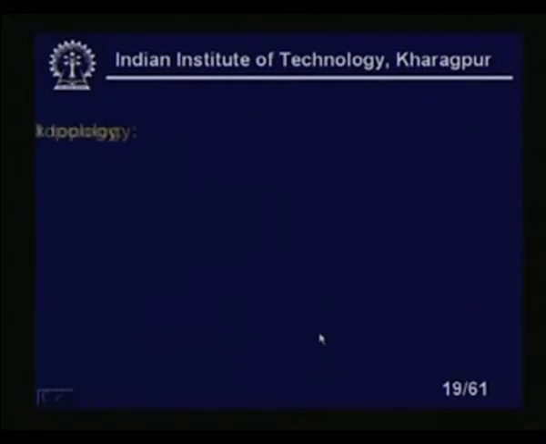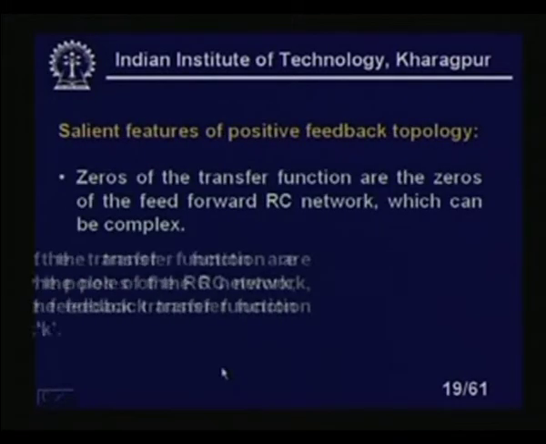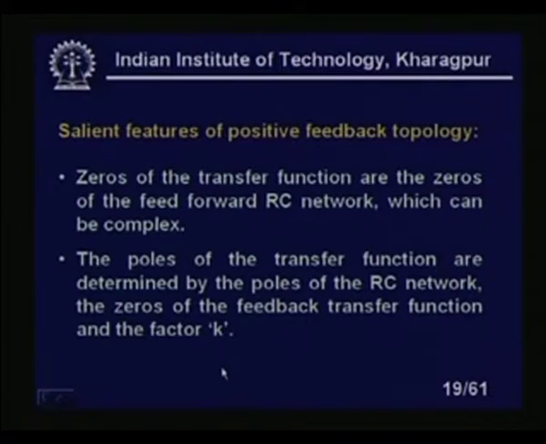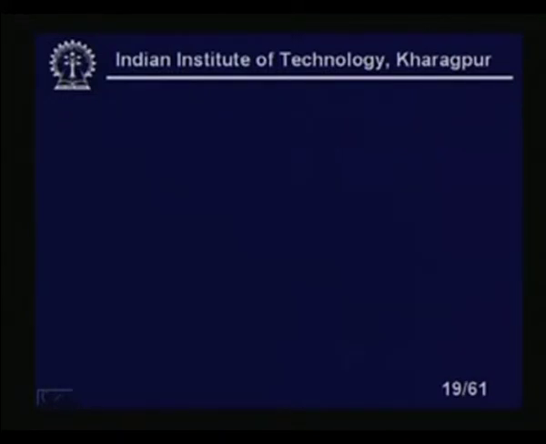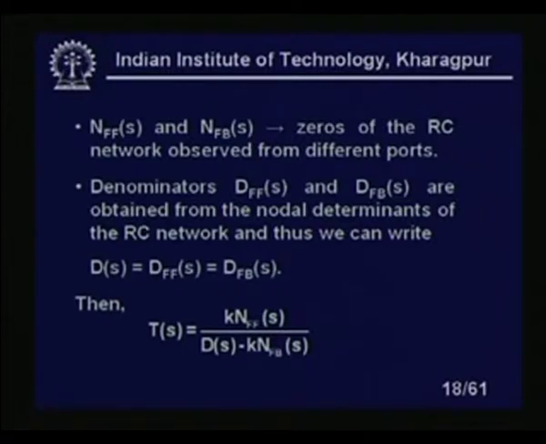Whereas the poles of the transfer function are determined by the poles of the RC network, the zeros of the feedback transfer function and the factor k. What is this? Let us look at. You see the poles of this transfer function depend on the zeros of the feedback transfer function and the function k, okay, ratio, that means R2 and R1, and D(s). What is D(s)? D(s) is the poles of the feedback or feed forward transfer function, so it depends on all these three factors, right.